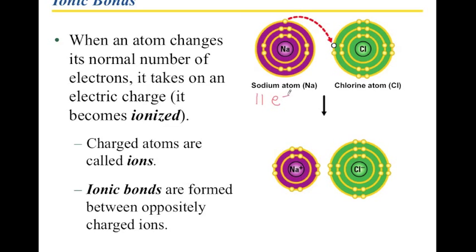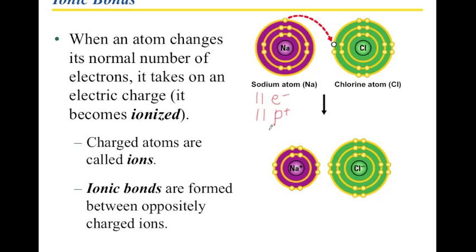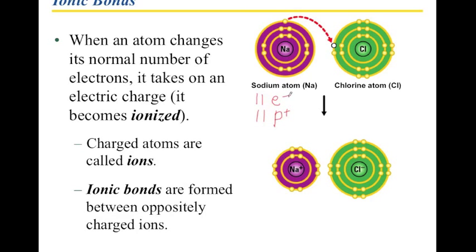Well, think about this for a minute. If the sodium atom has 11 electrons, how many protons would it have? Think about it. A proton is positively charged, and if we're going to have a neutral atom, then you have to have 11 protons, right? 11 negative charges canceled out by 11 positive charges.